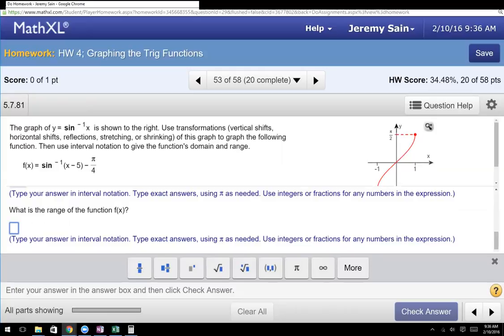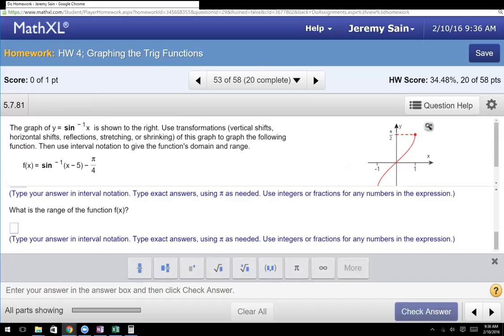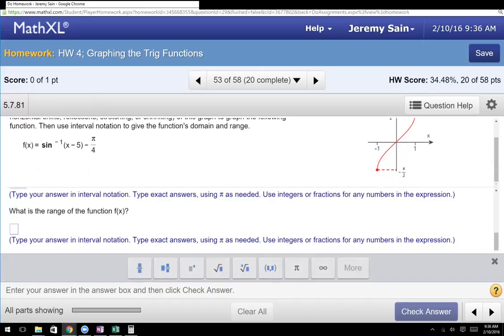Okay. So this one, if I go down pi over 4, I make it to pi over 4. If I start at the bottom and go down pi over 4, where do I make it to? What's a half and a fourth?